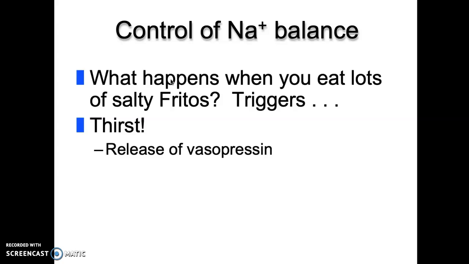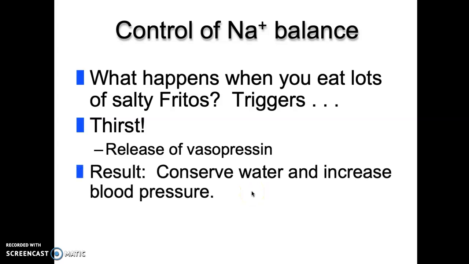You get very thirsty, and you've gotten so much salt in the system that you need to have lots of water to dilute it. And if you're not drinking it, then you better not urinate out the amount that you had already. So you're going to save water. The result here is to conserve water, and in that way increase the blood pressure.